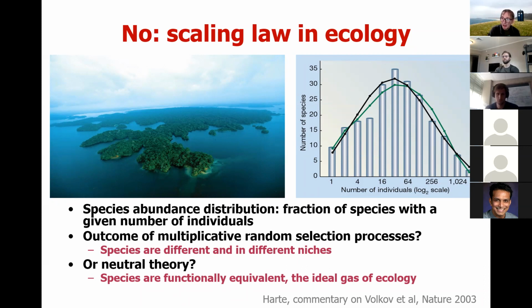And it turns out that you can work that out, just like you work out the distribution functions for an ideal gas in statistical mechanics. And when you do those calculations, one calculation gives you the black curve, one gives you the green curve. And you can see that they're the same.